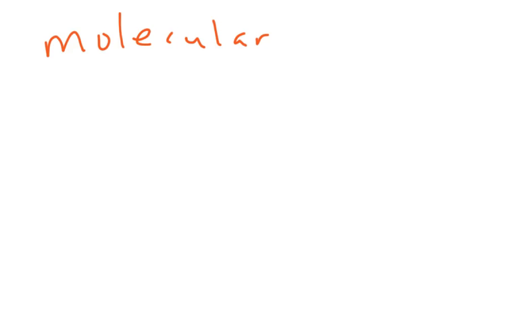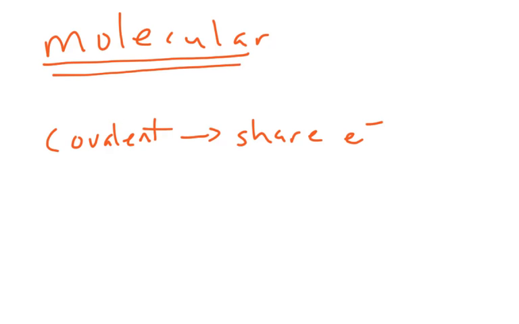And molecular compounds are held together by covalent bonds. Covalent bonds just means that they share electrons. And let's get back to this molecular. What does that mean? Molecular just means nonmetals with other nonmetals.